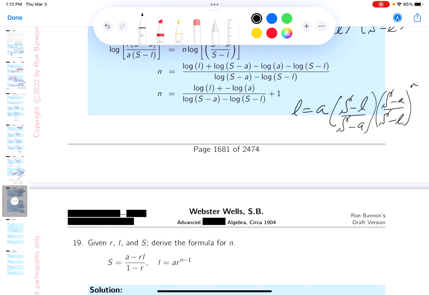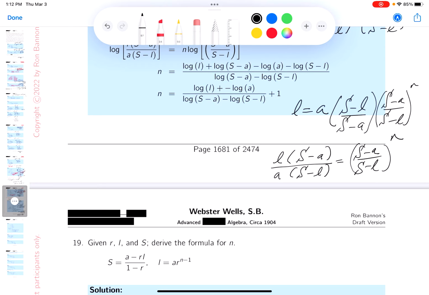So it's going to be L times S minus A, and then you get A times S minus L is going to be equal to S minus A over S minus L to the nth power.